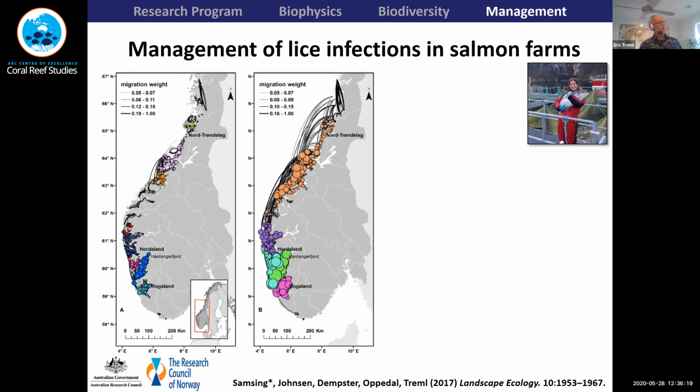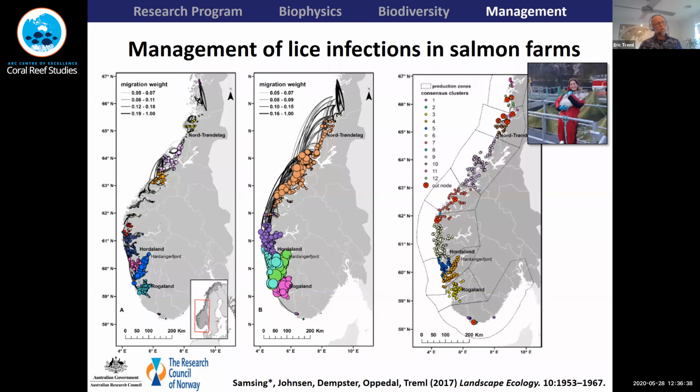But this is looking at sea lice movement between salmon farms in Norway. The idea is that we wanted to model sea lice movement, infection rates, very similar to metapopulation dynamics in reef systems. But the main goal here is how to break the system, how to break the flow of sea lice. So through some of her work, she's used network analysis to come up with the seasonal patterns of sea lice movement.